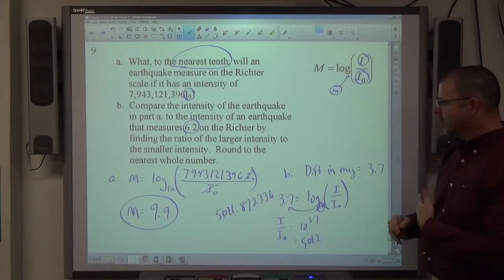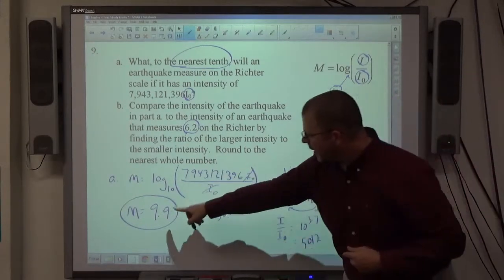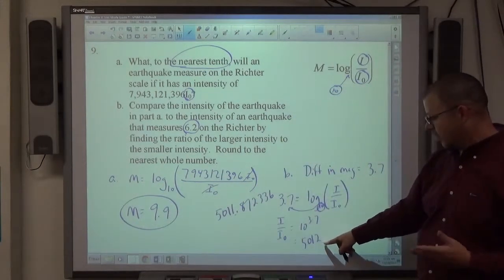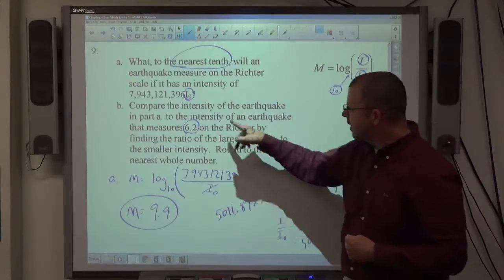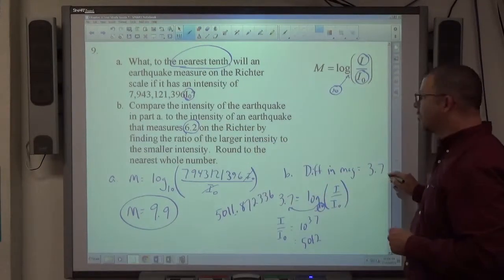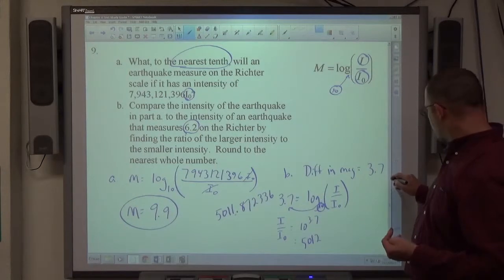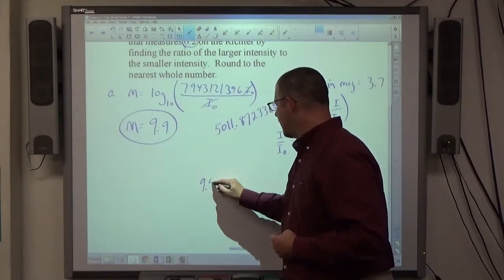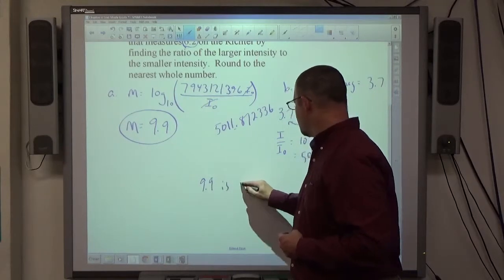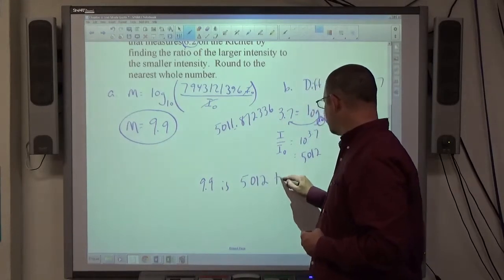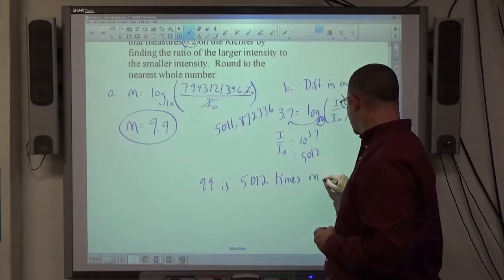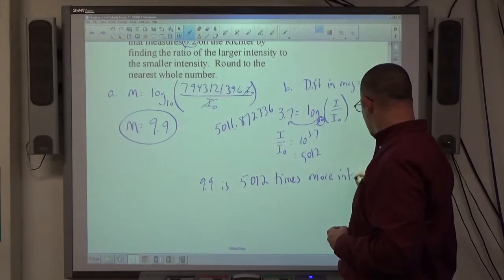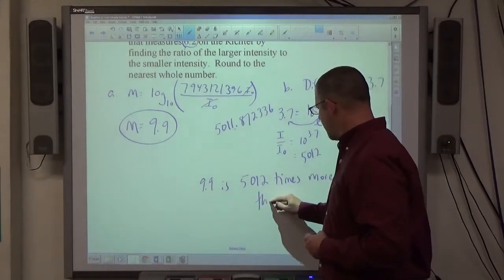Comes out to 5,012. So that tells me that the 9.9 earthquake is approximately this much bigger intensity than that. So as far as finding the ratio, we're going to say that 9.9 is 5,012 times more intense than 6.2.